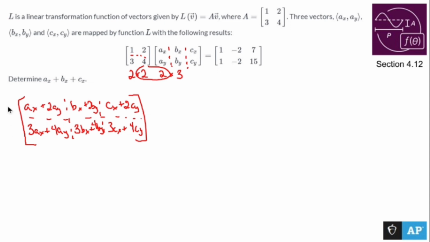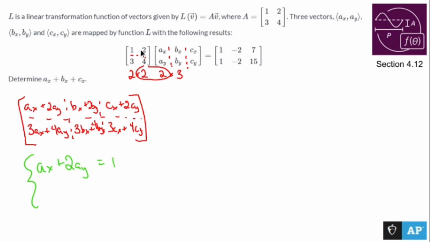So what I'm going to do is I have 3 systems of equations that I guess I'm going to do. Holy cow. I guess I have a sub x plus 2a sub y is going to equal 1, because the top left up here is going to match the top left up here.